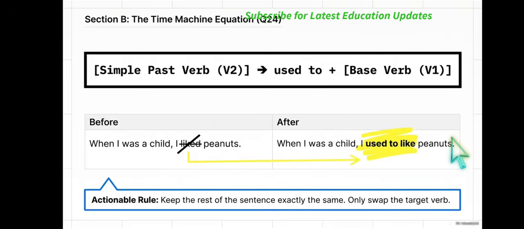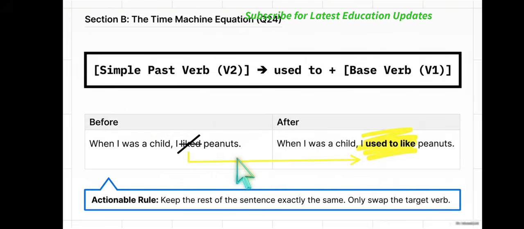So dear students, like this for the time machine equation here, question number 24, used to and would. So remember dear students, would is temporarily discontinued action and used to is permanently discontinued action. Remember this one important rule, then you can crack it easily, right?